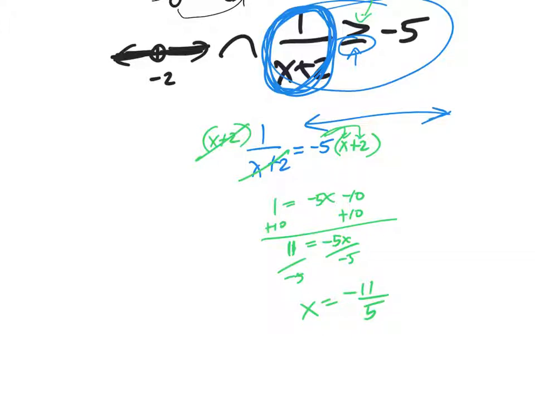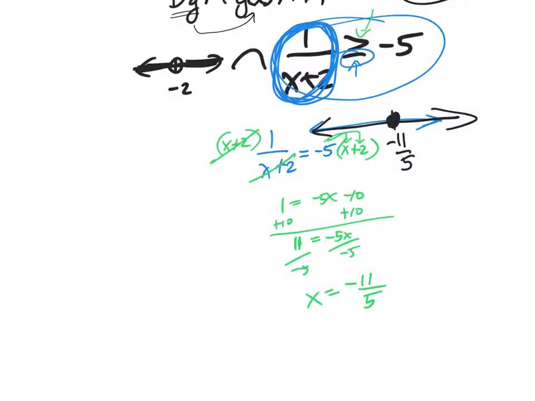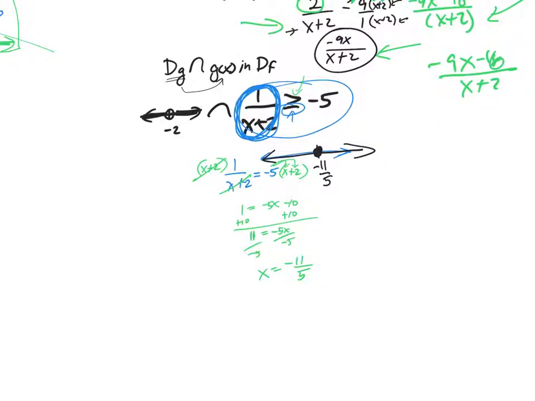Woo! So then I go back in here, and I needed a number line. Here's my number line. And I'm going to say, here's -11/5. And that would make it equal to -5, so it works. Now the question is, should I shade to the right or should I shade to the left? I'm going to give you this task.